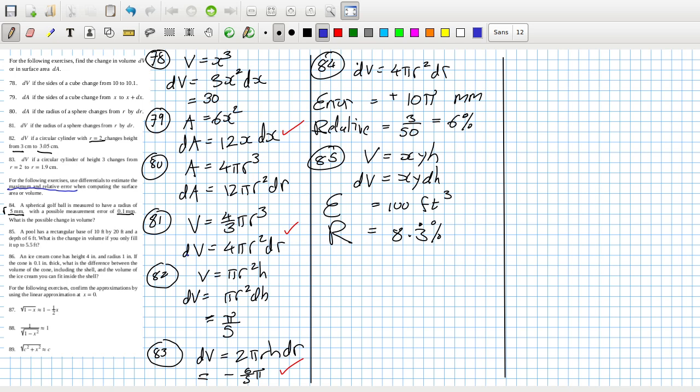Oh, actually, 85 wasn't. That's weird. 85 is quite different. I got confused because I don't think this instruction applies anymore.